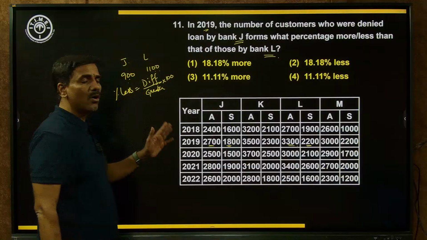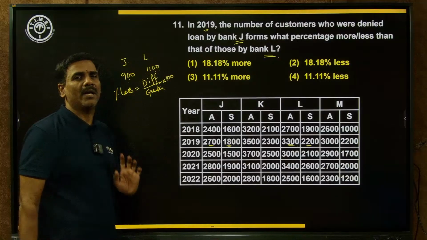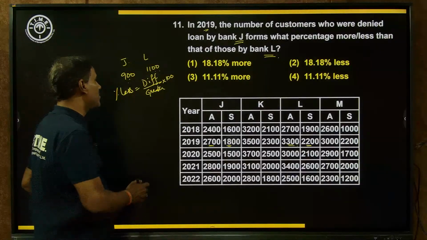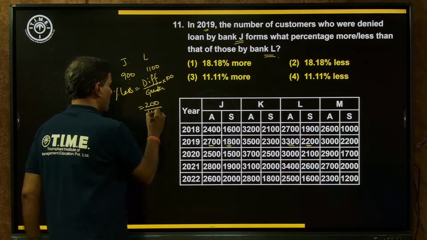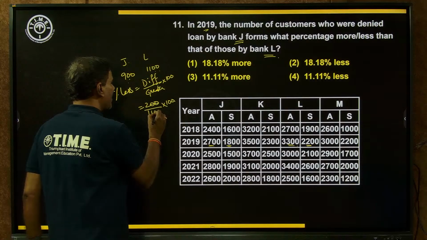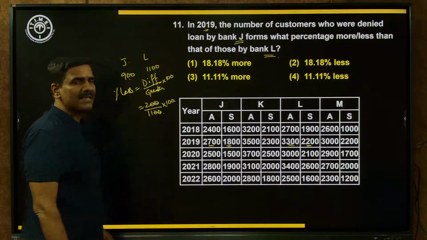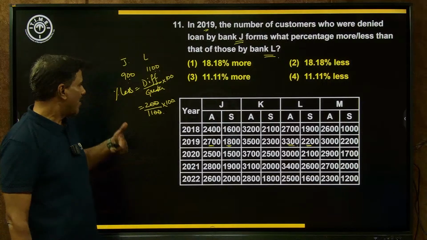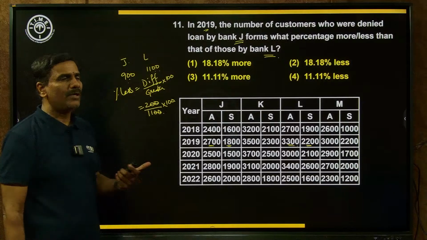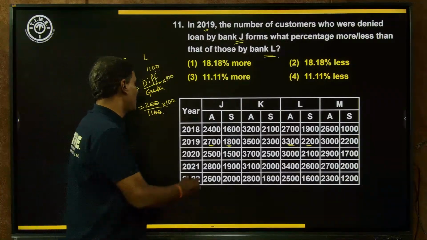If it is percentage more, difference by smaller into 100. So here the difference is 200, greater is 1100. So that much percent less. In other words, it is 2 by 11. 1 by 11 means 9.09% we know from our standard fractions. And 2 by 11 is 2 times of that. 2 times of 9.09 will be what?